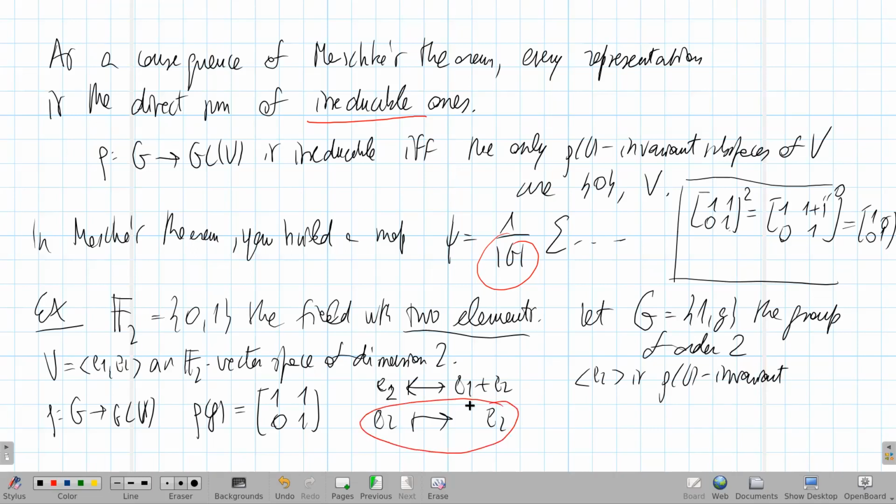E2 goes to E2. But now Maschke's theorem does not hold, because Maschke's theorem would tell you that there is a complement to the subspace, which is also rho(G) invariant. But this is an extremely small vector space. There are only 4 elements, and there are only 2 other subspaces of dimension 1.